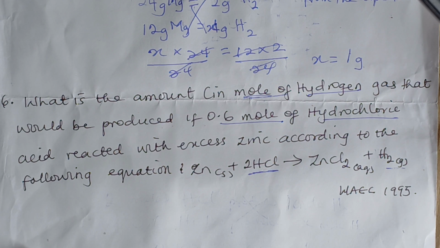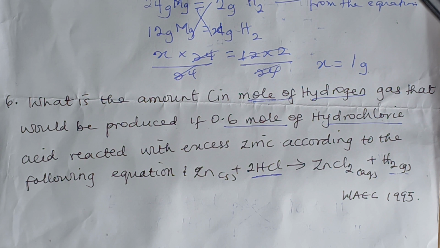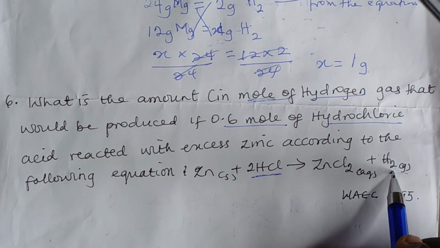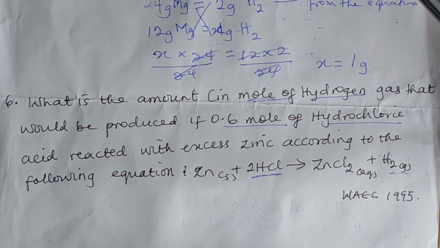And I said that before you use an equation of reaction, ensure that the equation of reaction is balanced. It is not in all cases that you will be given an equation of reaction. Some may require that you write it by yourself. Some may require that you don't need the equation of reaction. You just need the information given. So we are going to get the first line from the equation of reaction. The second line will be from the question.